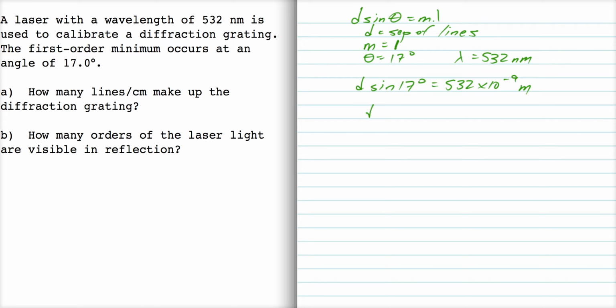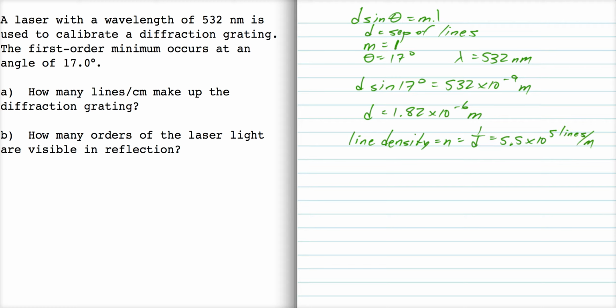Okay, so when I solve for d, I get 1.82 times 10 to the minus 6 meters. And so the number of lines per centimeter, the line density, which sometimes we call little n, is just 1 over d, and that's 5.5 times 10 to the 5th lines per meter.